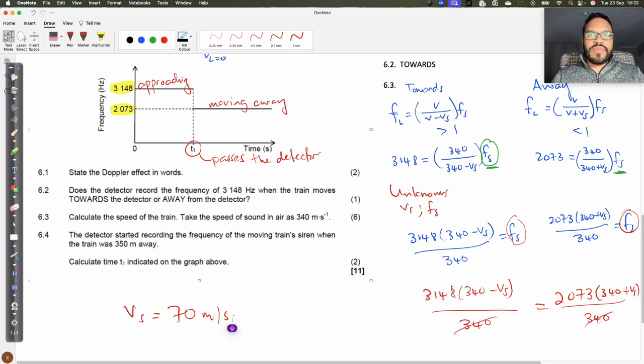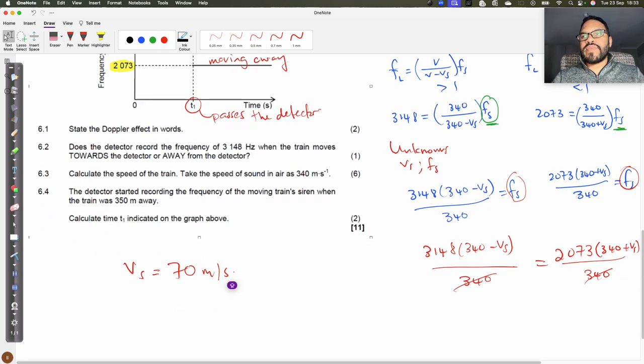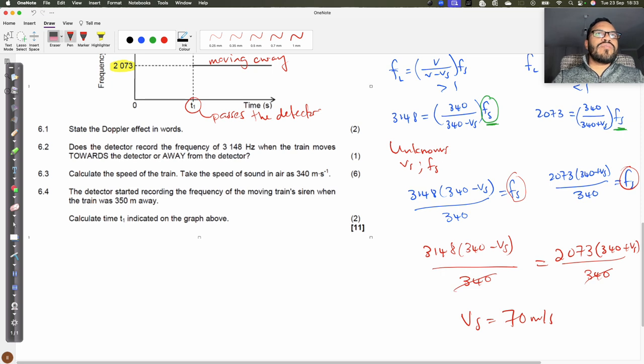Are we good? Let me put it here at the bottom. Vs is equal to 70 meters per second, right? As you would know, I don't like to do too much algebra here because the rest is just algebra.